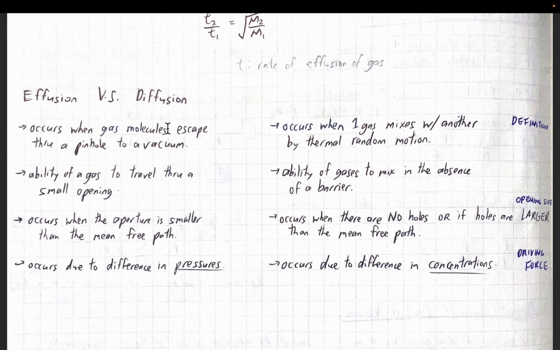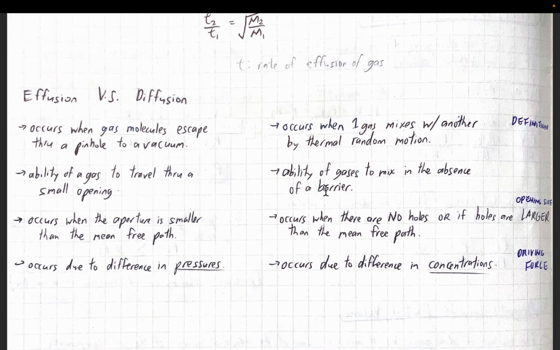This is the ability of a gas to travel through a small opening. So that could be in the form of a pinhole, and it occurs when the aperture is smaller than the mean free path. And yes, it occurs due to a difference in pressures. Because again, you are spraying, so there's obviously a difference in pressures.